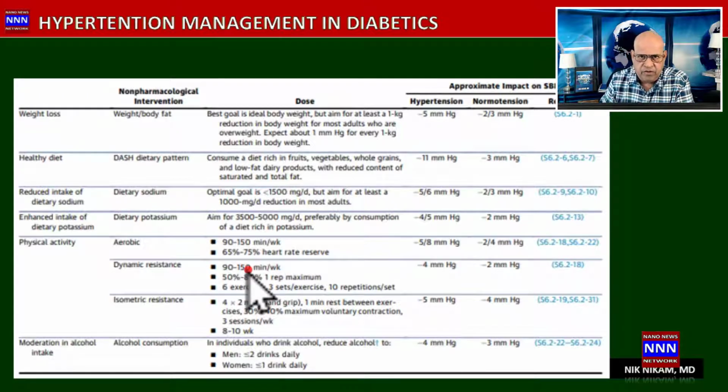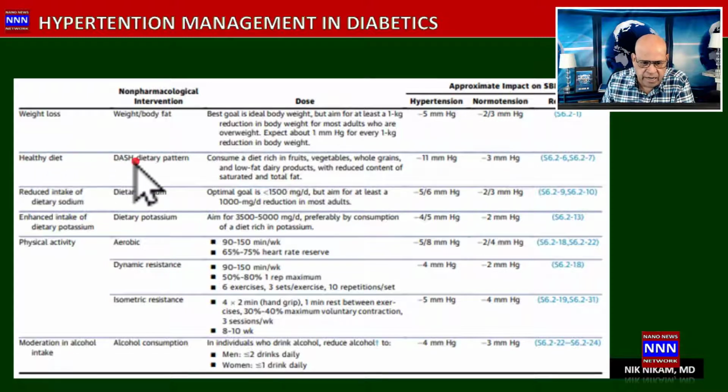If you are a 40-year-old person who is moderately obese, who smokes and has unhealthy eating habits, here is what you can get by lifestyle modifications. Controlling your weight can drop your blood pressure by 5 millimeters of mercury systolic and 2 to 3 millimeters of mercury diastolic.